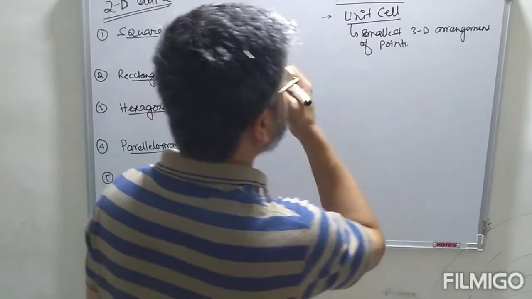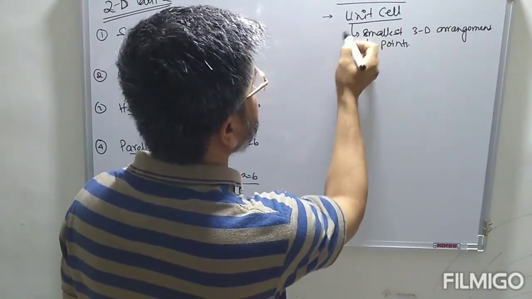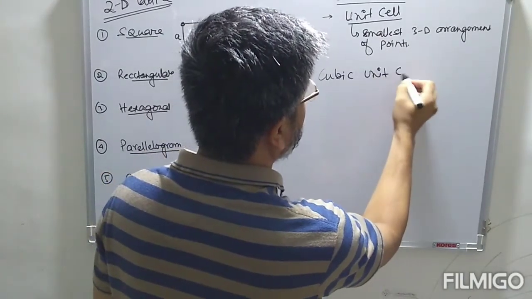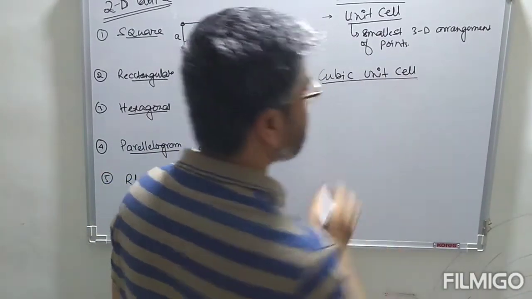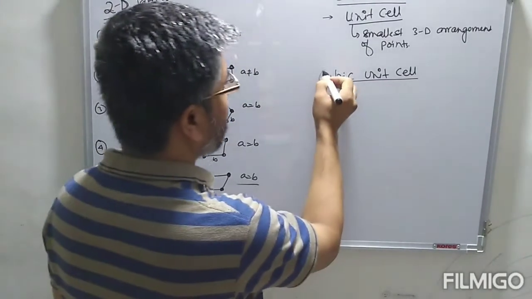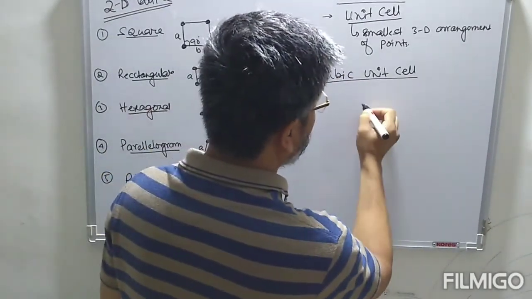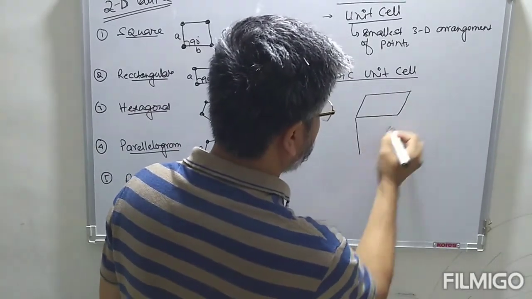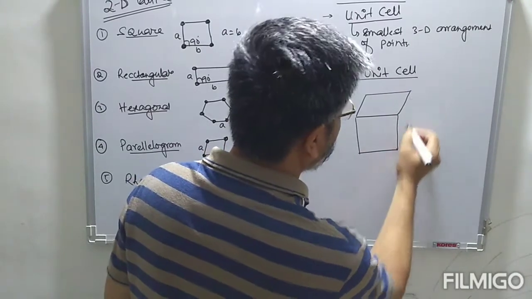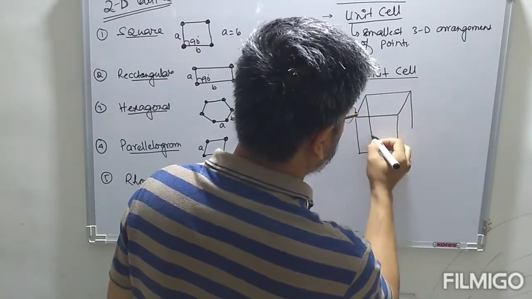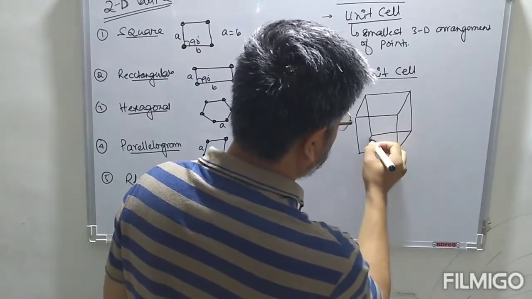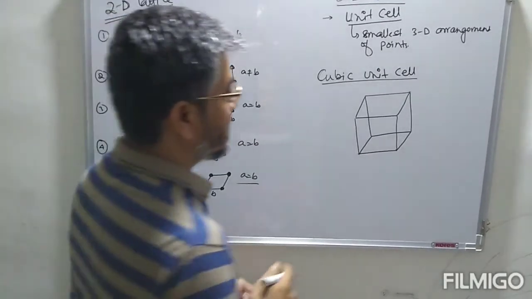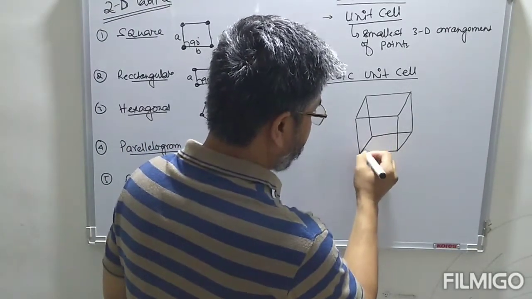So now a cubic unit cell. To define this cubic unit cell, we have a cube-like structure. These are the edges.